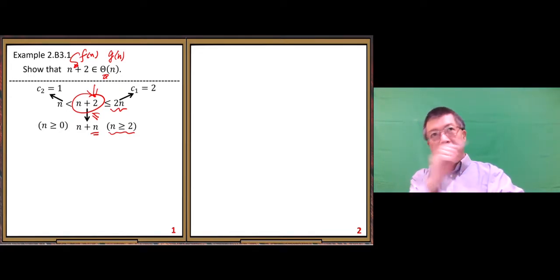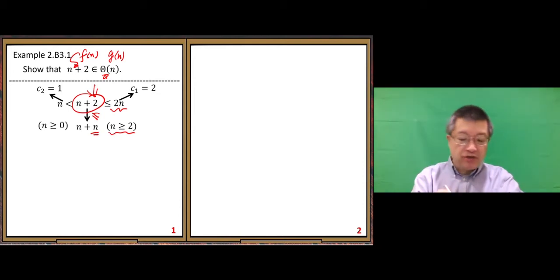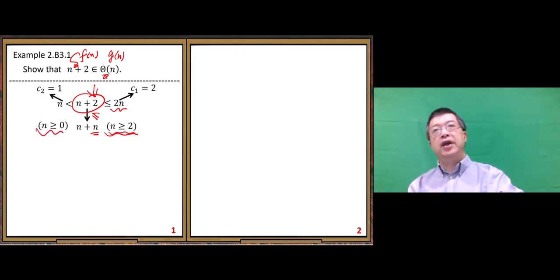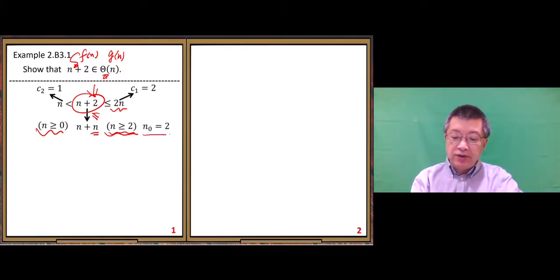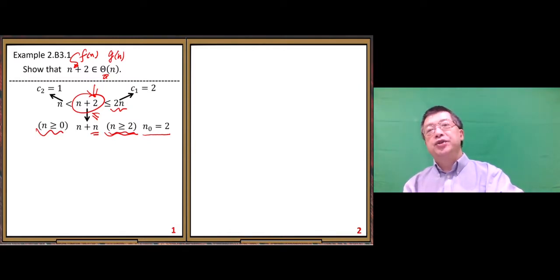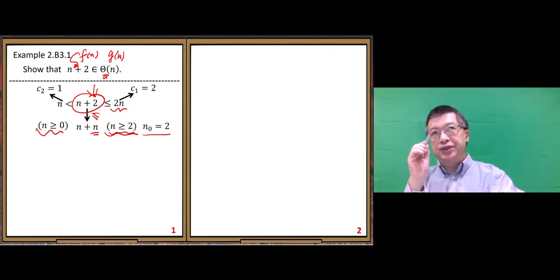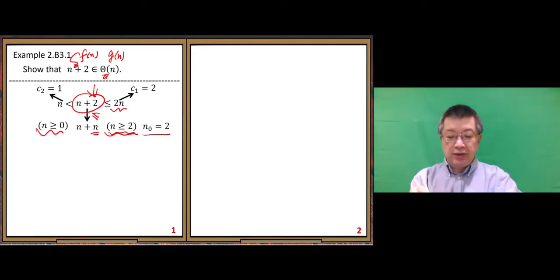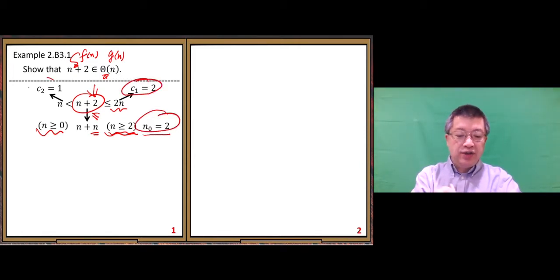At the end, you need to tell me what n0 is. The n should satisfy both this case and the other case. Put them together, n0 equals 2. So to solve a problem like this, you need to tell me these three numbers: the n0 number, the C1 number, and the C2 number.